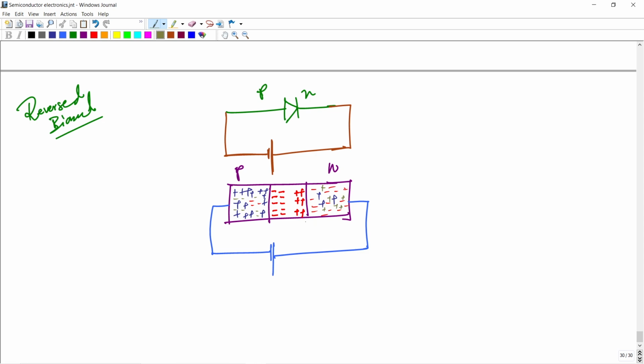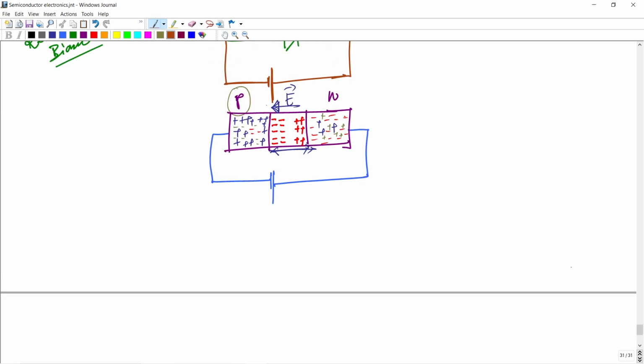Due to that, the diffusion is less, and this width now increases, and the electric field also increases. The diagram now looks like this.